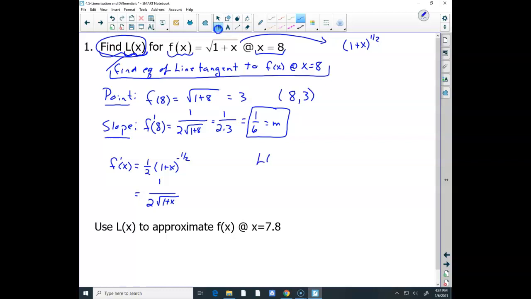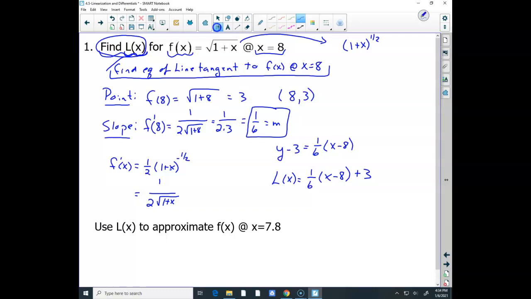Well, my linearization function, and if I'm honest with you, I never wrote them straight out like they do. I always went, y minus 3 equals 1/6 times x minus 8. Then I solved it: 1/6 times x minus 8 plus 3. And then I always came back and said, oh, that's right, they wanted me to call it my linearization function. So that's what I did.